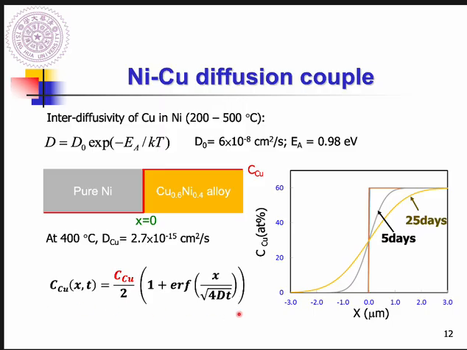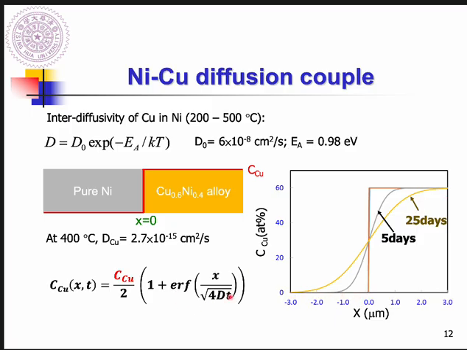If you try to use this, you just input this equation into your software, Origin or Excel. Then you can plot the step function as a function of time and location. Before interdiffusion happens, the concentration profile for copper looks like this.